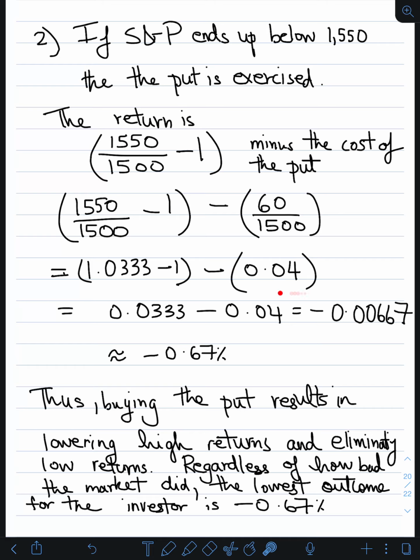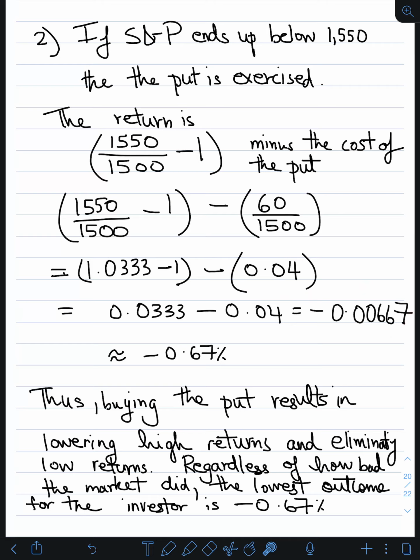Minus, we already know that this is 4%, 0.04. If you do that calculation, you're going to end up with minus 0.00667, which is the same thing as minus 0.67%.